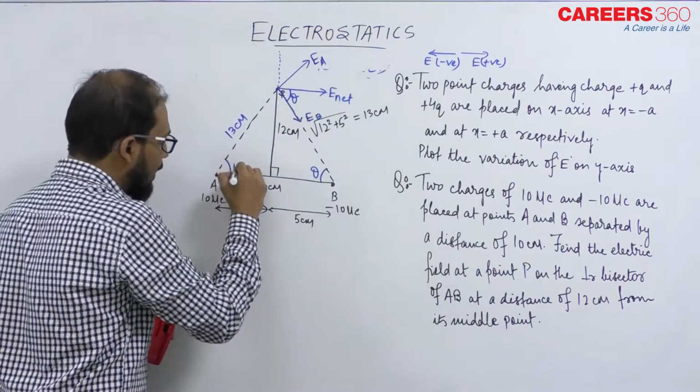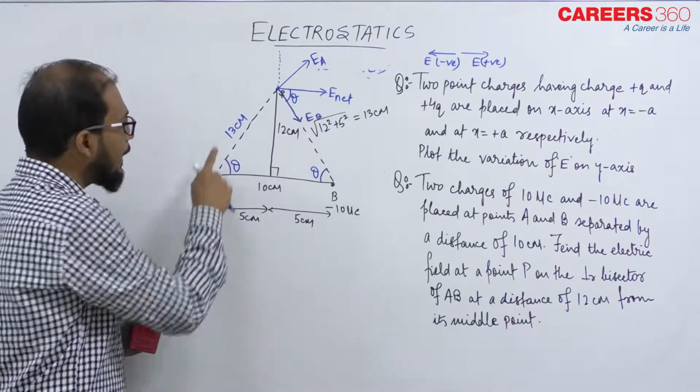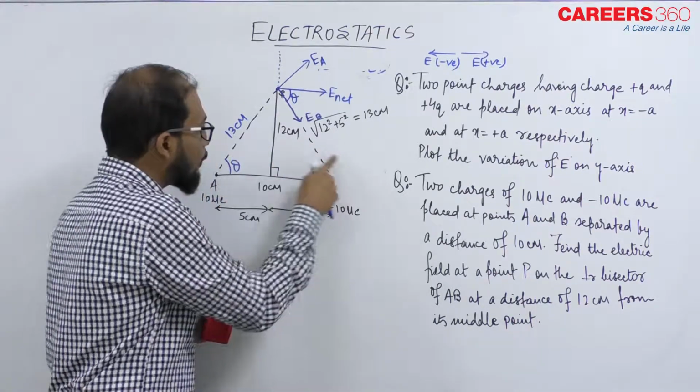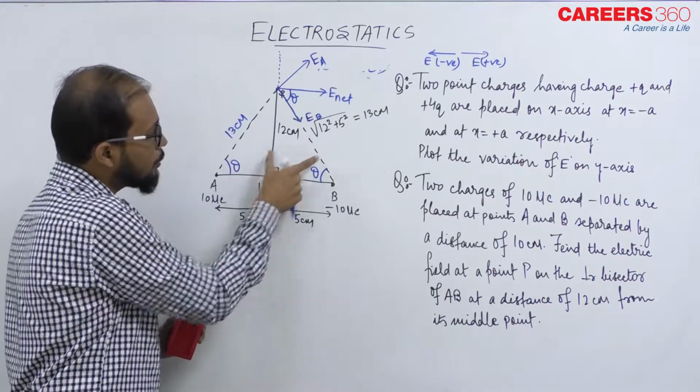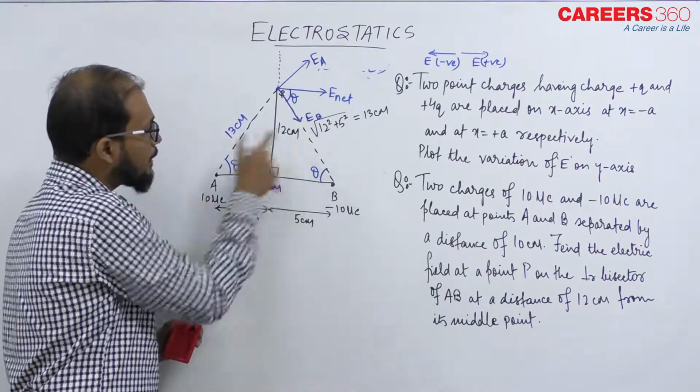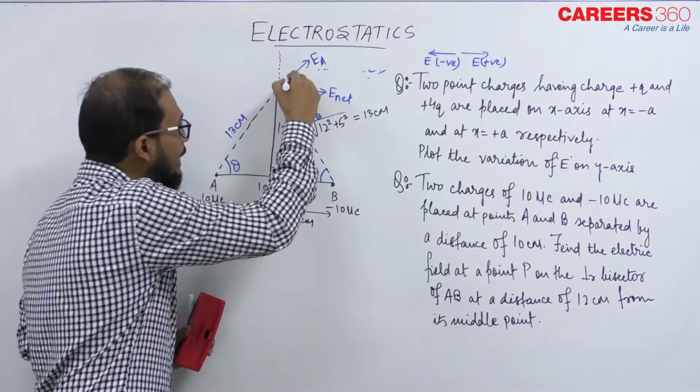And if this angle is also theta, because these two sides are equal, that means this is a case of an isosceles triangle, and angles opposite to the equal sides are equal, that means this theta will be equal to this theta. If this is theta, this angle will also be theta.